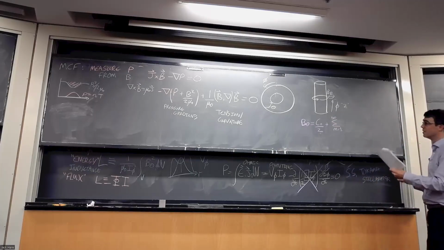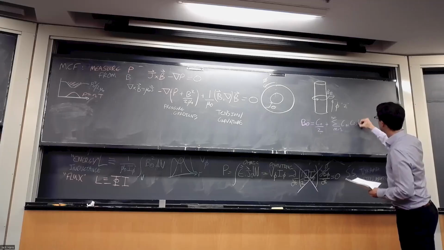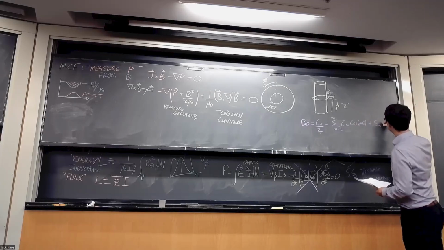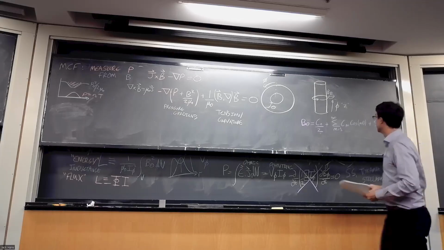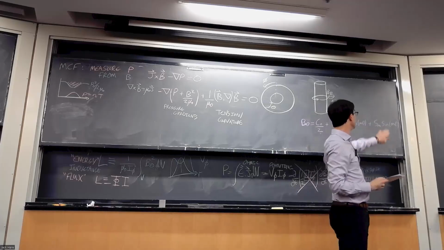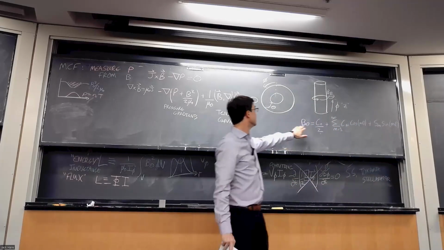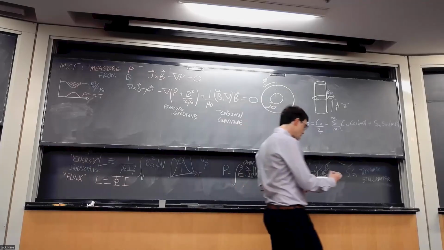And we're going to have a term Cm cosine of m theta plus Sm sine of m theta, like this. So these are different coefficients, which we don't know, but of course we can find them by doing the Fourier transform or the Fourier decomposition of this.